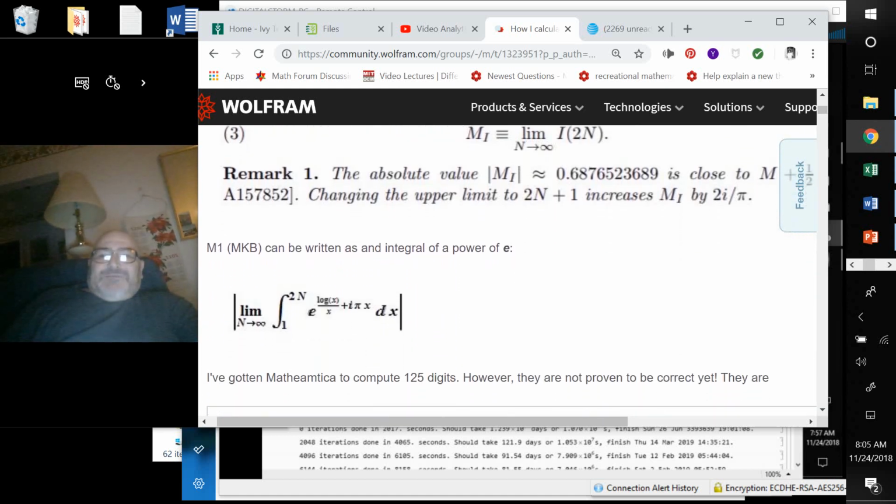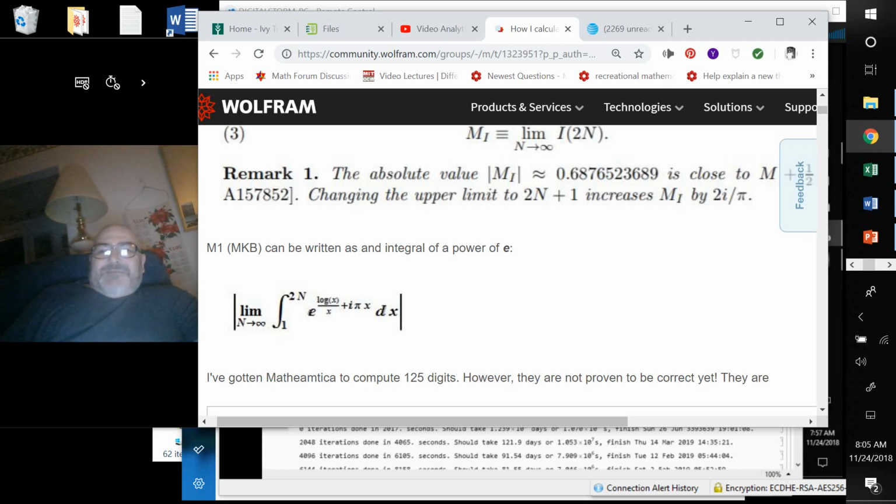That's just a trivial note if you're just passing through casually. Here's my M1, or MKB, which can be written as the integral of a power of e, I found out.